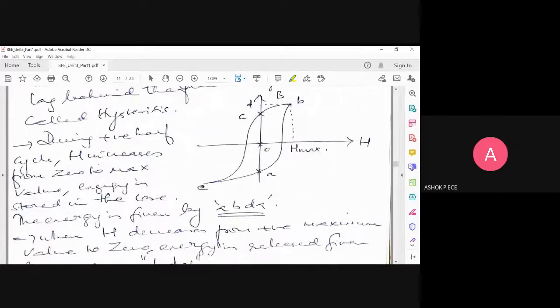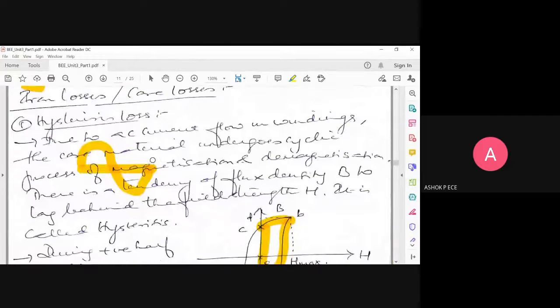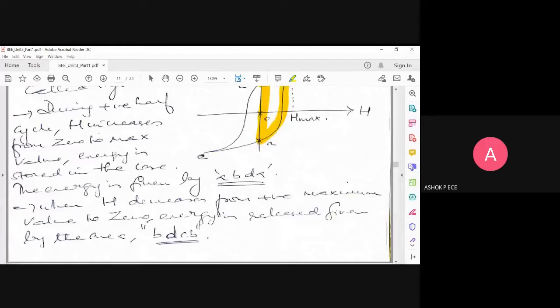So see here, the energy stored in the core is given by ABdA. So your magnetic field will be starting from 0 and it will be reaching a maximum value. The total energy is given by this graph. And in the negative half cycle, there is going to be demagnetization happening.